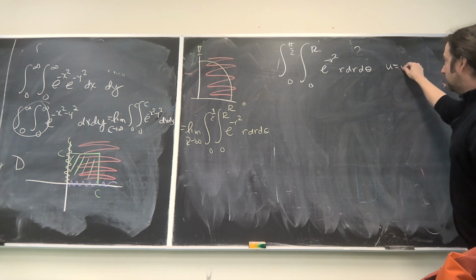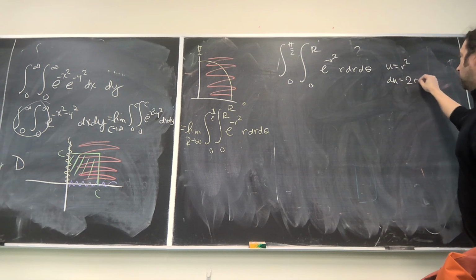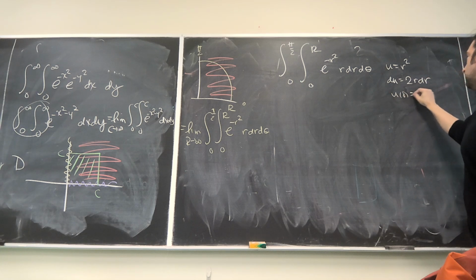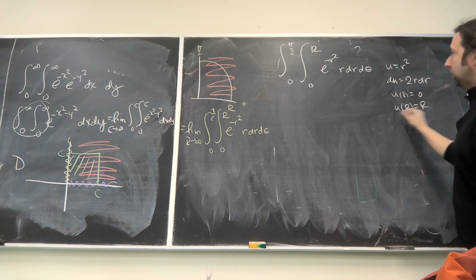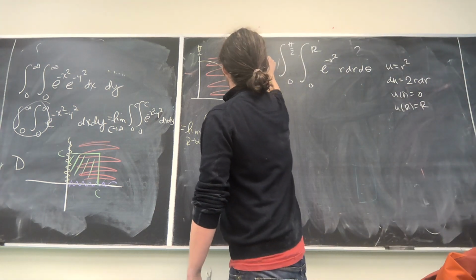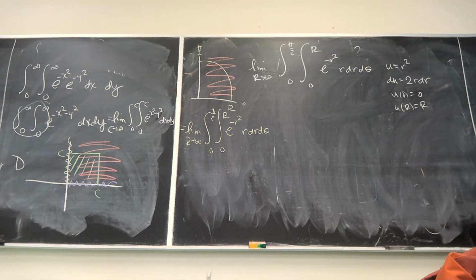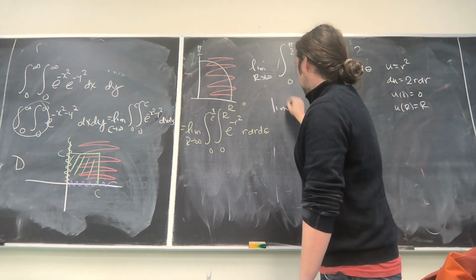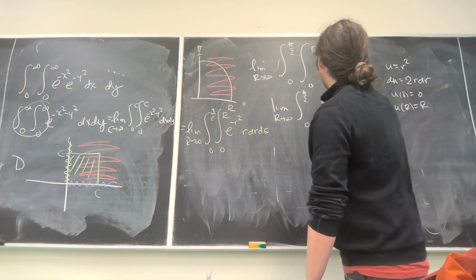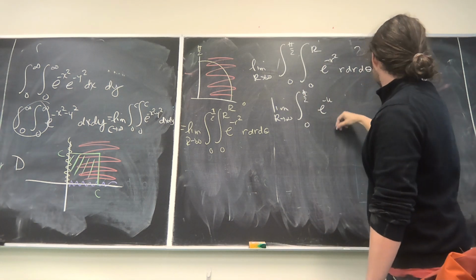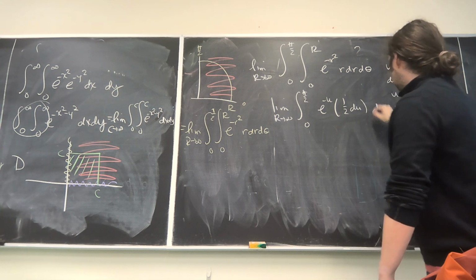If u is equal to r squared, then du is 2r dr. u of 0 is equal to 0, and u of capital R is equal to r squared. So this is the limit as r goes to infinity of the integral from 0 to pi over 2 of the integral from 0 to r squared of e to the minus u times 1/2 du, and then you integrate d theta when you're done with that.